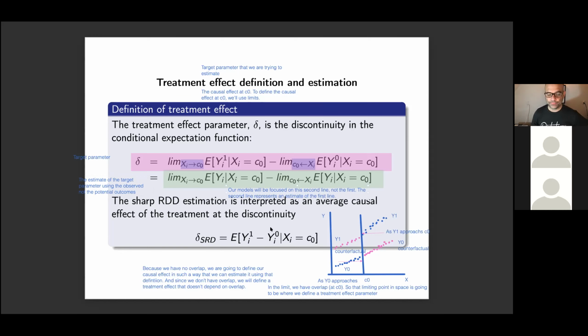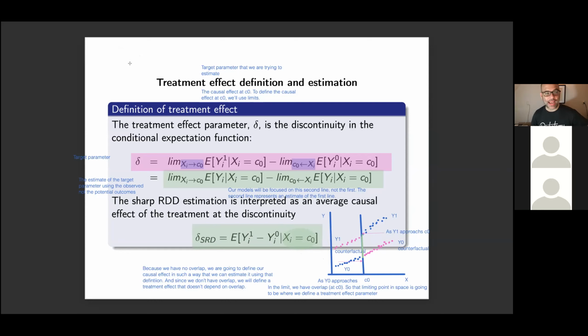And so right there, that green line is the causal effect of the sharp regression discontinuity between expectation Y1, that's this, and expectation Y0, that's this, at the cutoff, which is right there.